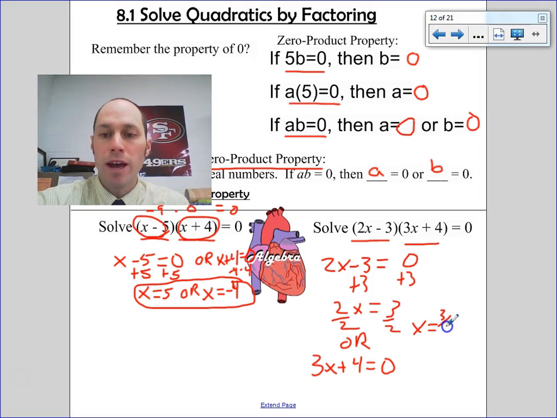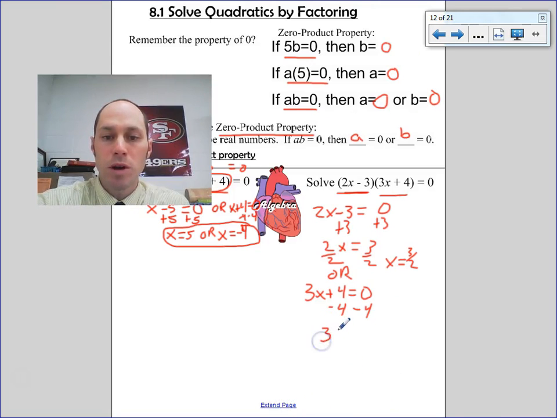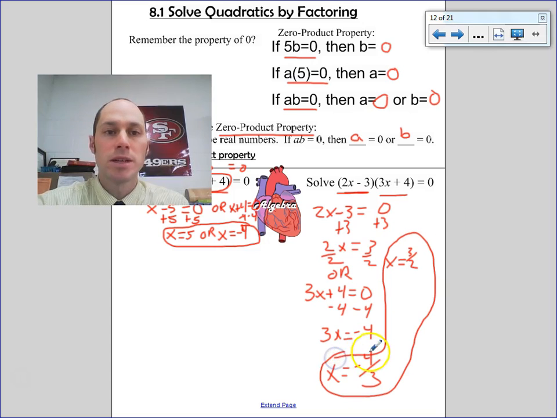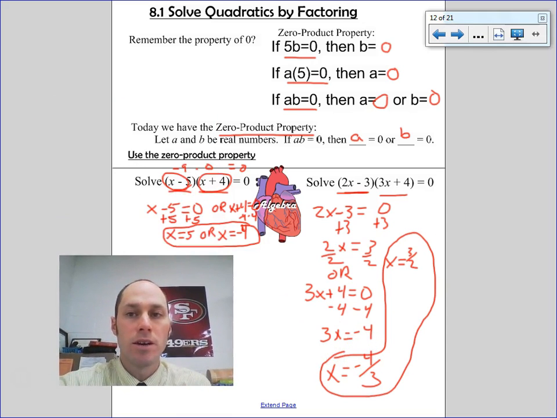But we would have to factor these first in order to get our factored products, and then use our zero product property in order to help us find the solutions. So I'm solving both of these for x, and I find that x will either equal negative 4/3 or x is 3/2. We have two possibilities depending on the scenario.